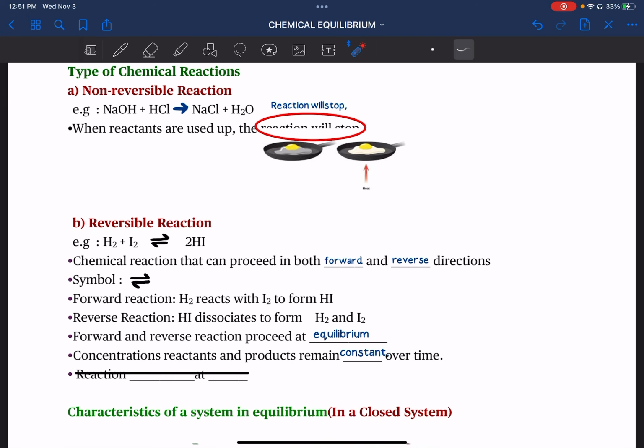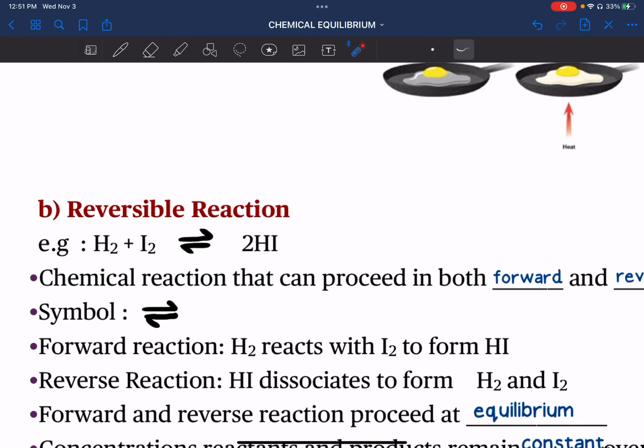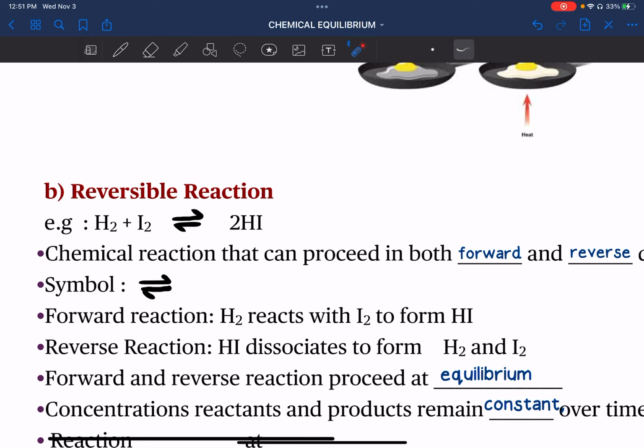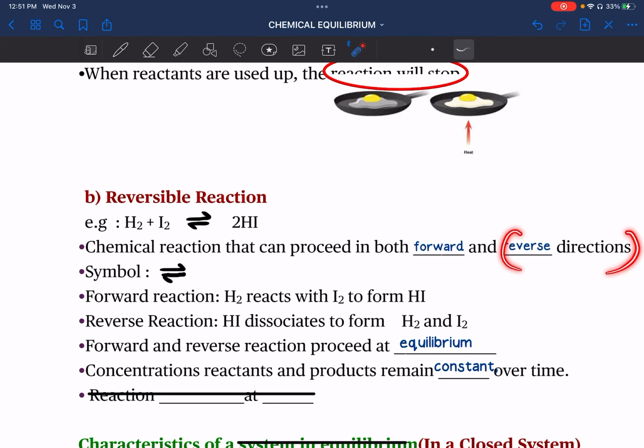Okay, so the second one is reversible reaction. Maksudnya reaction tu boleh patah balik. So for example, on our left hand side here is our reactant, here is our product. So maksud reversible kat sini adalah both reaction can proceed in both forward and reverse direction.